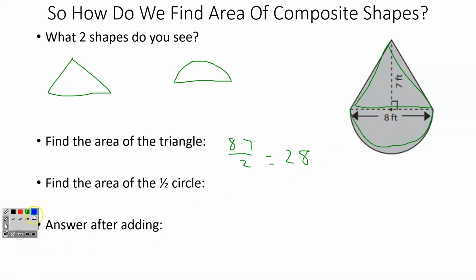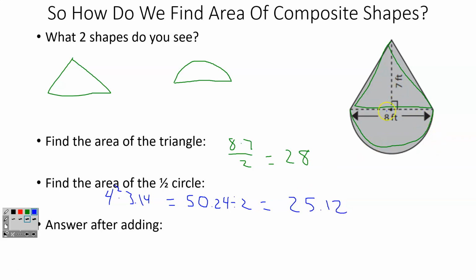So for the half circle, I'm going to do 4 squared times 3.14. And that's going to give me an answer of 50.24. But that's for a full circle. We definitely don't have a full circle over here. So we're going to divide that answer by 2, because we only want half the circle. And that's going to give me an answer of 25.12.